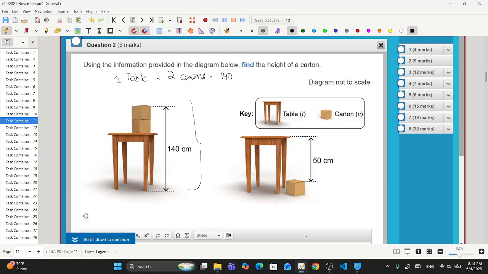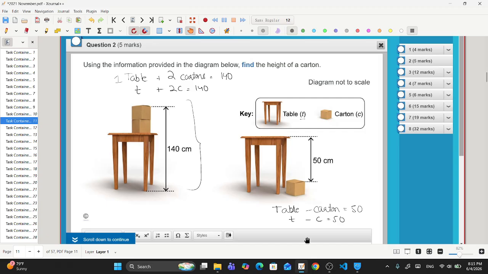And then I can also say that table minus carton equals 50. Now the table is being represented by T and carton is represented by C, right? So I can say T + 2C = 140, T - C = 50.